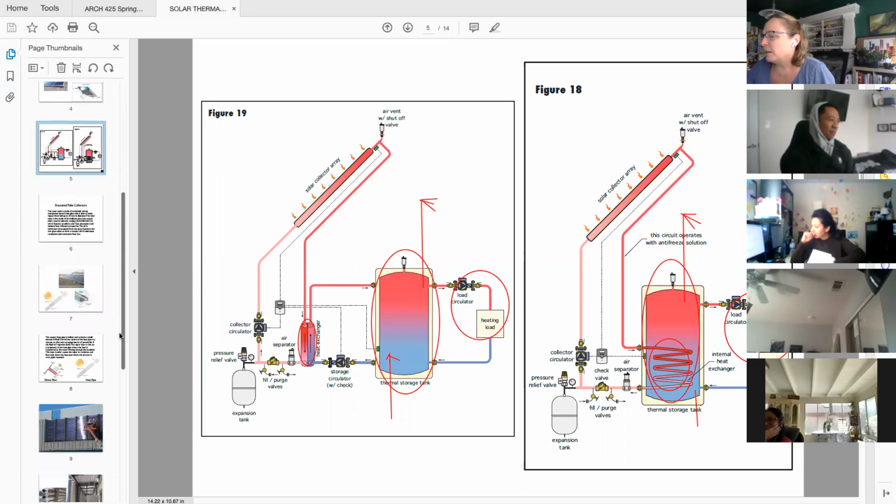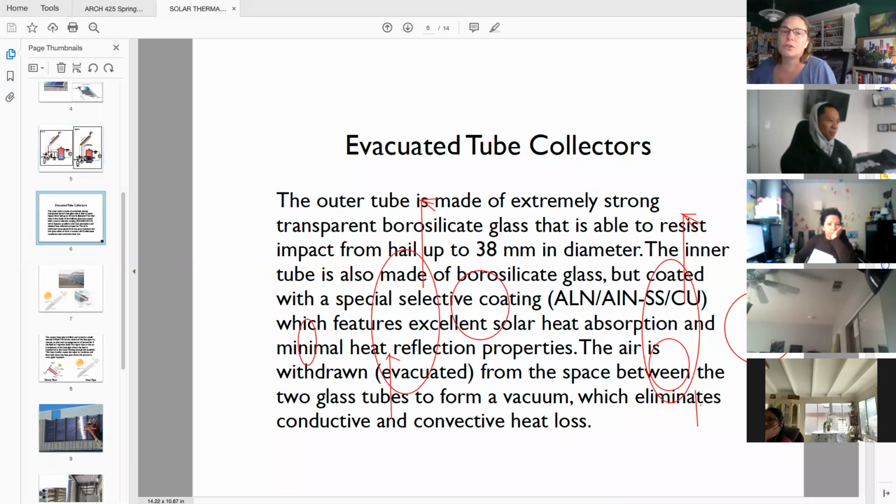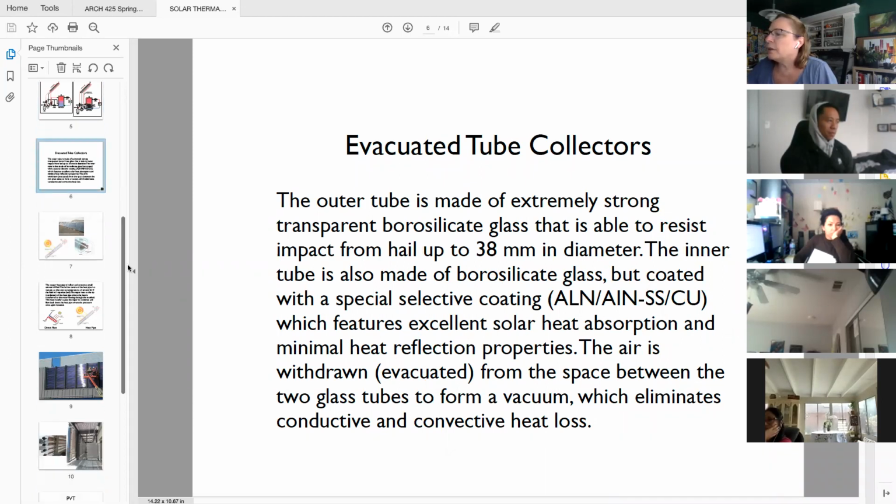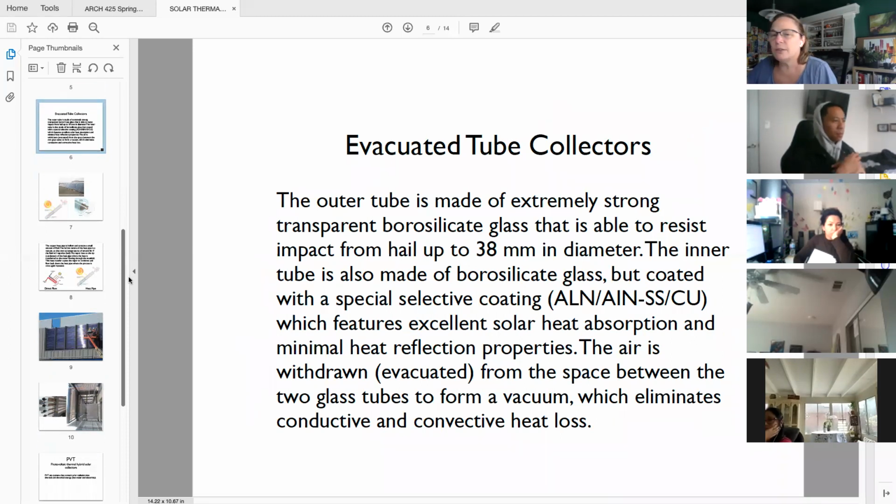Okay, moving right along. So flat plate collectors are the most straightforward solar thermal systems. From there, technology can get a little bit more complicated just because we're humans and we know how to make it so.